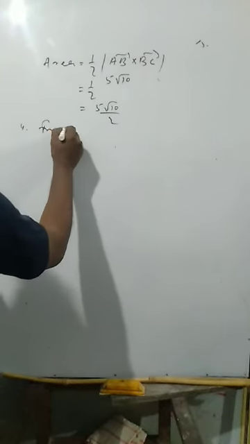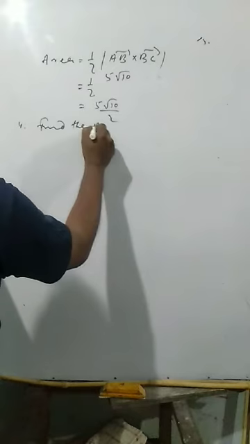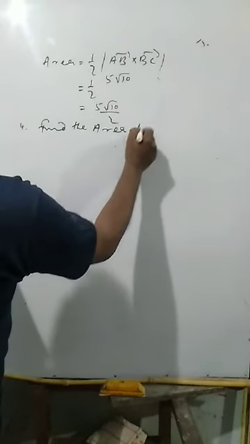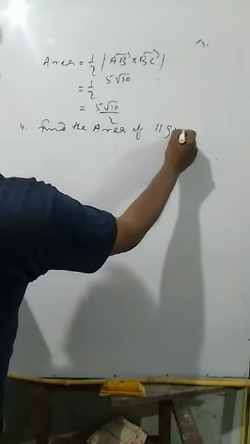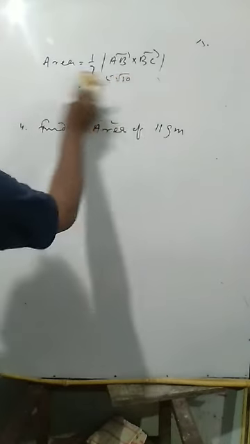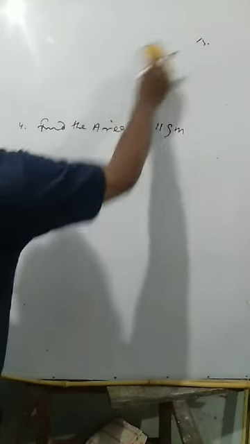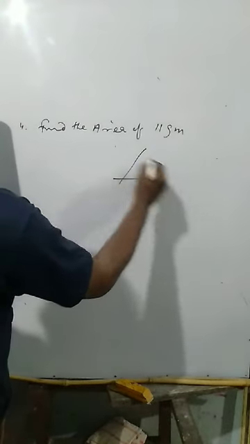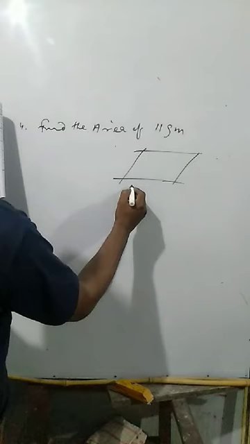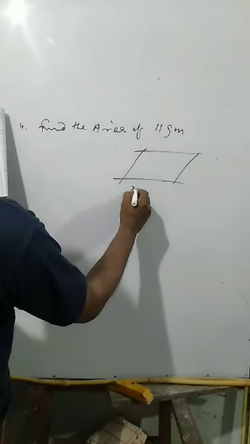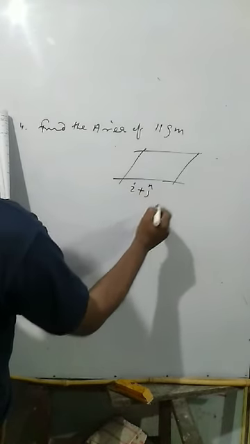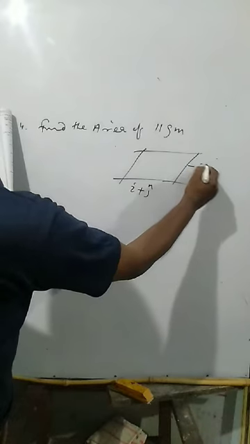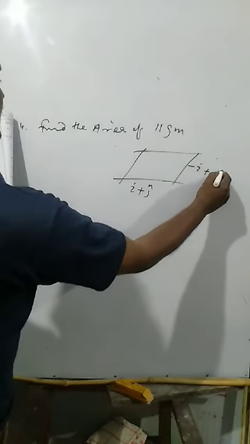Find the area of a parallelogram. We have to find the area of the parallelogram in which two vectors are given, the adjacent sides. Two adjacent sides are given. The first one is I plus J, the other is minus I plus 2J.